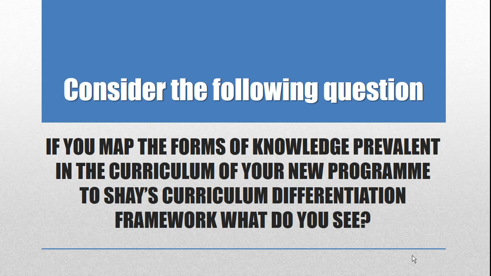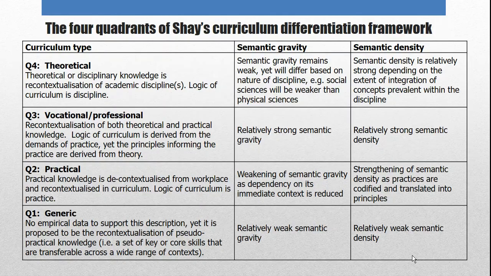All right. Okay, I'm way over my time. You have the 2 quadrants, the 2 slides. You can go and check this out for yourself. Ask yourself these questions, even if you don't map it to a semantic plane. Is it more theoretical in nature? Is it more vocational? Professional in nature? Is it more practical? Is it more generic?